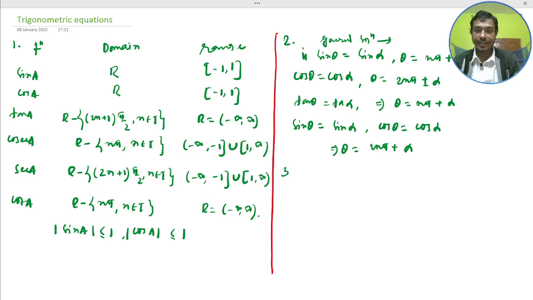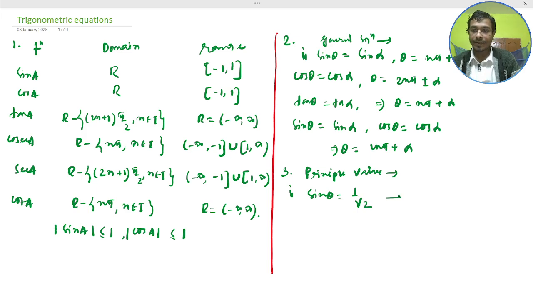And next one, the principal value. If sin theta is equal to 1 by root 2, what would be the general value of theta? I just write here, n pi plus minus 1 whole to the power n into pi by 4.